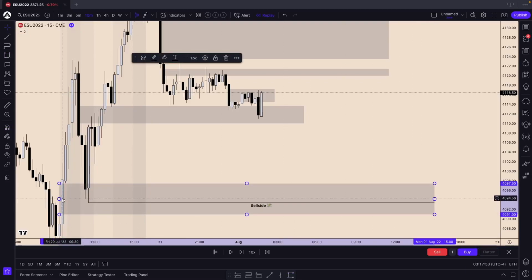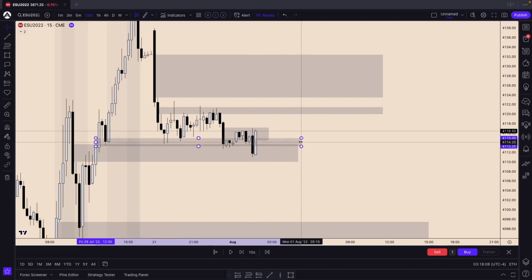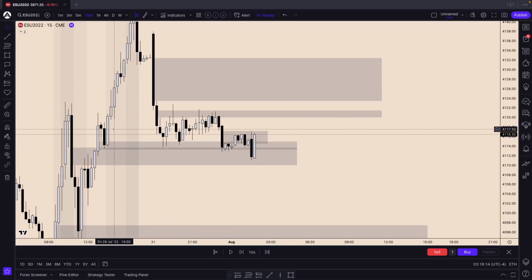So we could look at this because this actually kept supporting price once already. We could use this one where we went below. And we will see how that looks like on a 5-minute time frame. Because we do not want to have too many fair value gaps that we are going to look at on our chart, really.